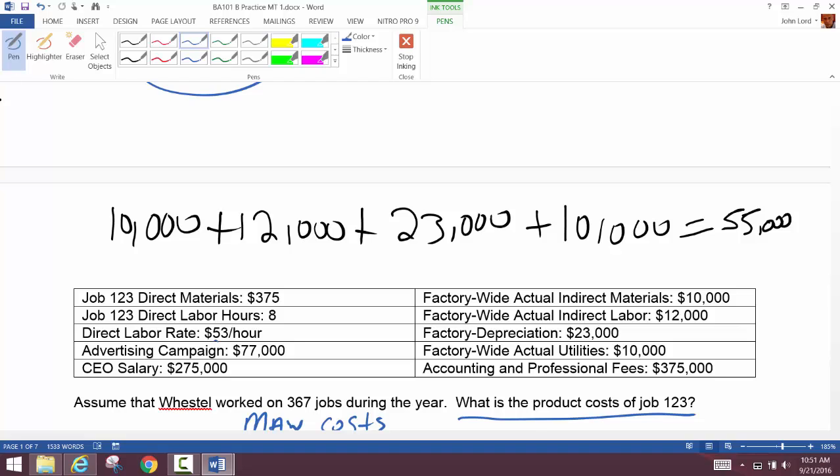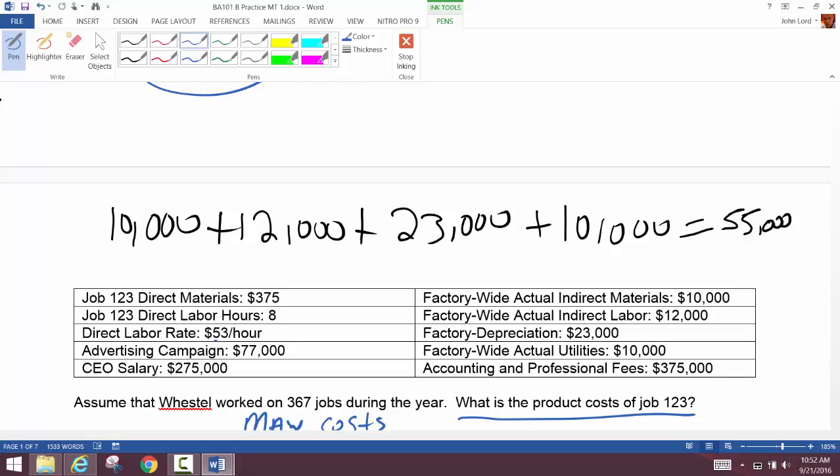Okay, how about this: factory-wide indirect labor? What do I debit? I debit the actual side, my manufacturing overhead. Good. 12,000. Is that the number? Okay, what do I credit? Salaries payable, whatever, right? For 12,000. Okay, good. Anything else up here?